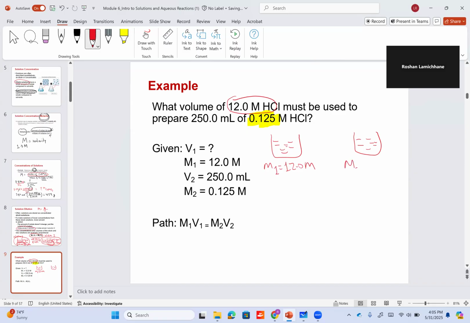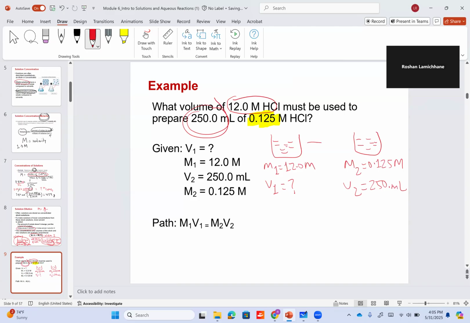My M2 is 0.125 molar. All right. So the volume of 12.0 molar HCl is something that I do not know. How much volume do I start out with? I do not know yet based on this question. All right. But what they have given me is the final volume of the solution, which is my V2 of this solution.